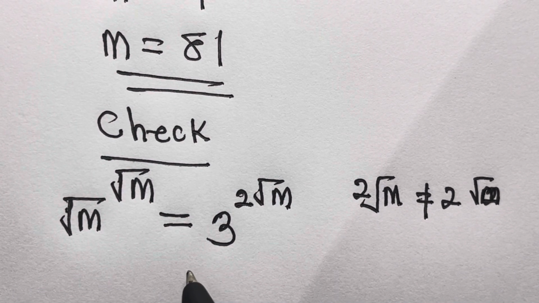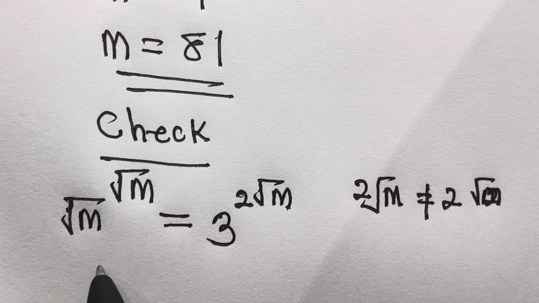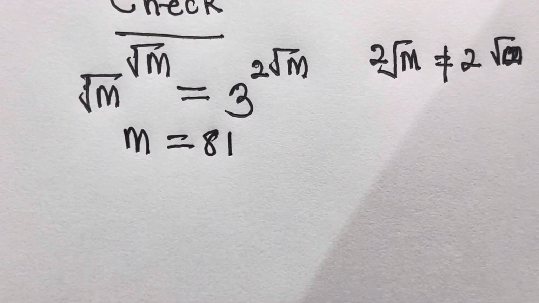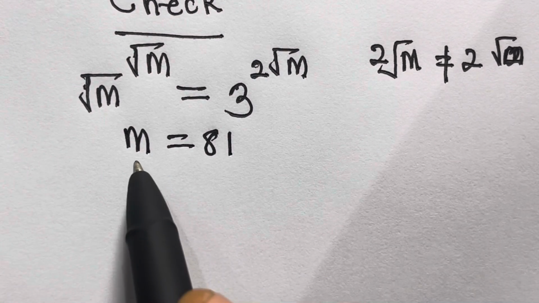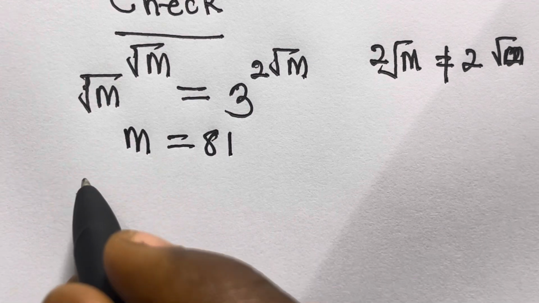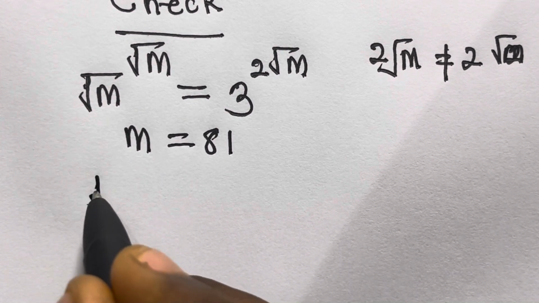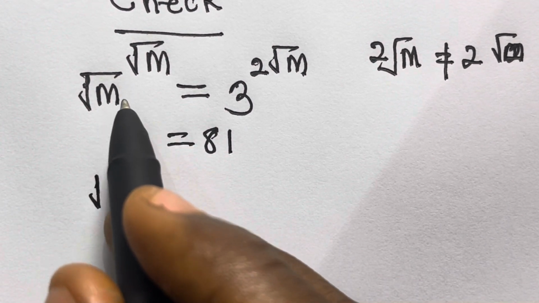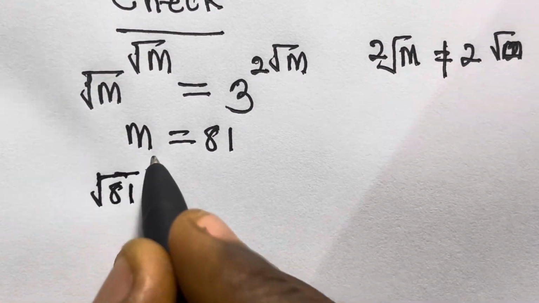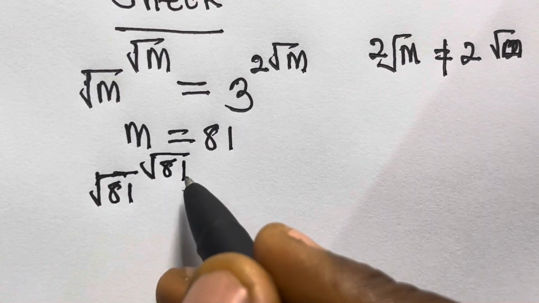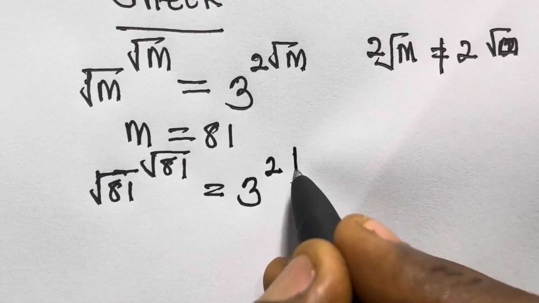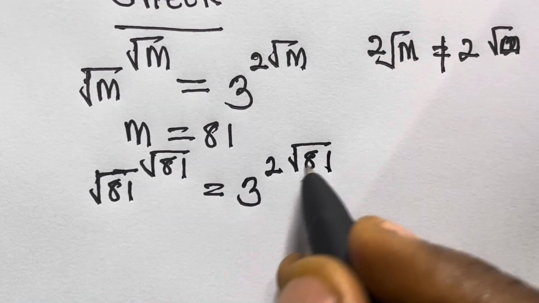So since we got m equals 81, we will substitute m equals 81 into the given equation. So we will now have square root of 81 raised to power square root of 81 equals 3 raised to power 2 times square root of 81.